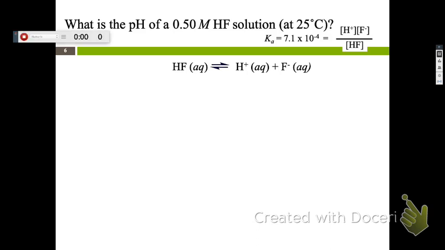All right. What is the pH of that solution? Go ahead and click in your answer.